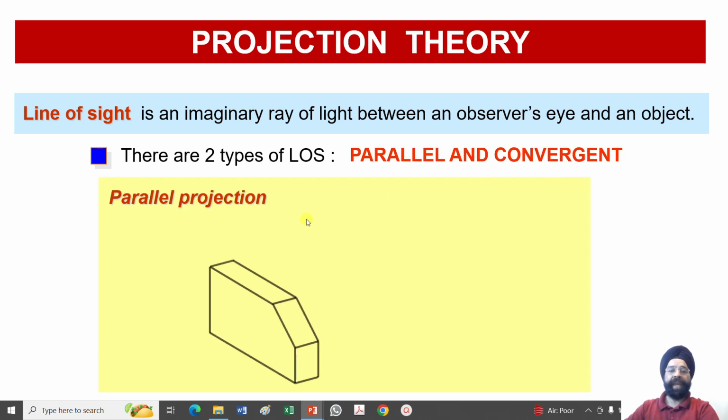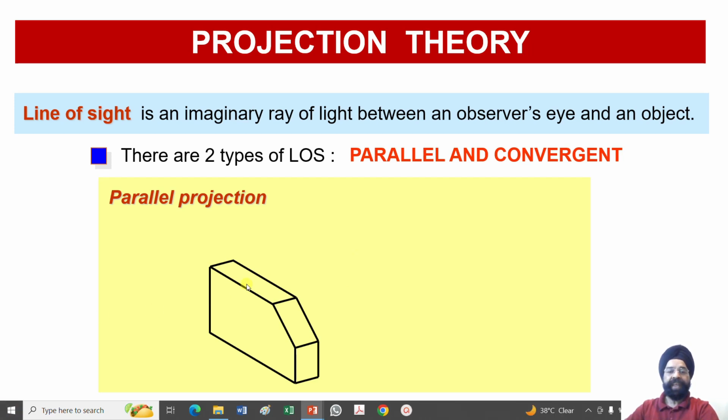Now in the parallel projection method, we assume that the observer is located at an infinite distance, and all the projection lines will not have any convergence effect. They will be all parallel to each other, and perpendicular to the plane of projection.